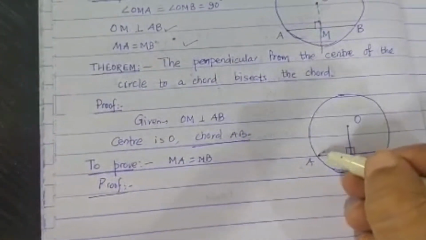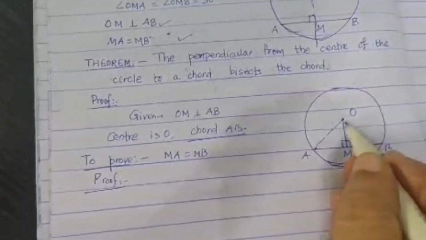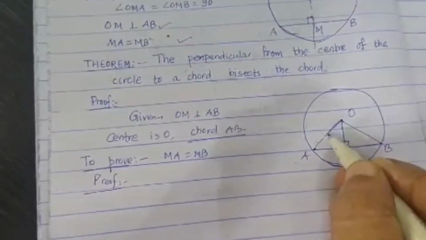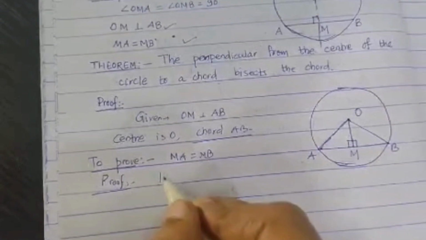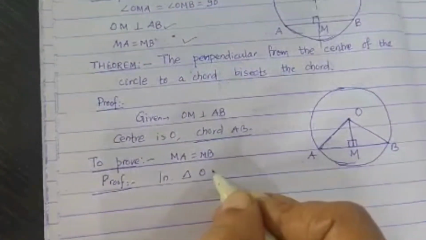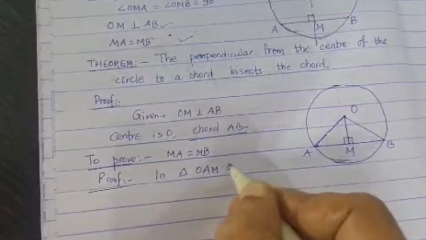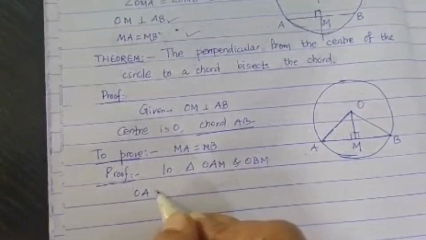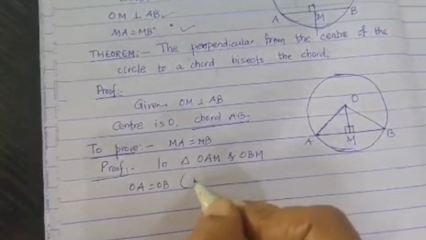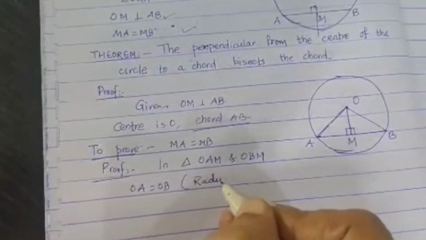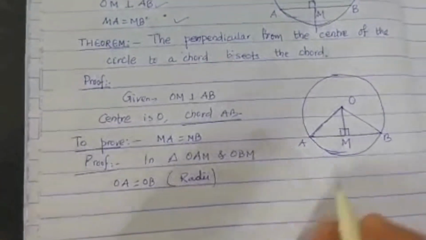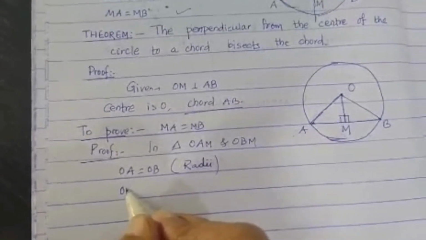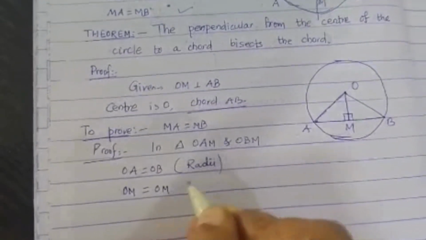Now let's prove it. So first join OA and OB. Okay. So in triangles OAM and OBM, we have OA equal to OB. This is the radius of the circle. Now OM equal to OM is the common part.